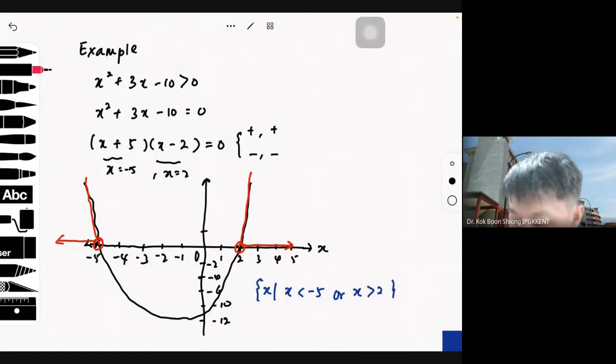Because you are taking two sides, we must use or. Or we can write it in interval form: negative infinity to negative 5, open, union, 2 open to infinity. So this is the final answer.